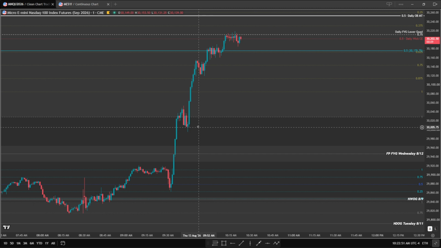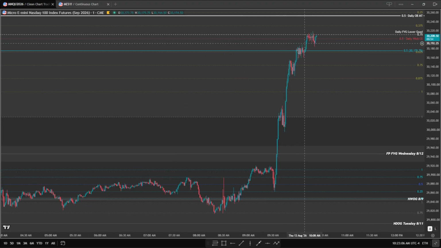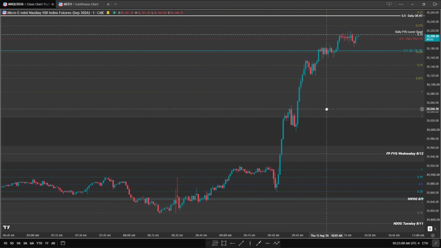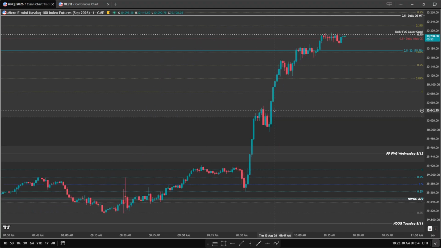And today, because it moved up so strong, if retail was bullish, they probably made money today, assuming they've taken profit. Because when the market is extremely one directional, that's when retail stuff does work, assuming that they're correct on their bias, on their direction.